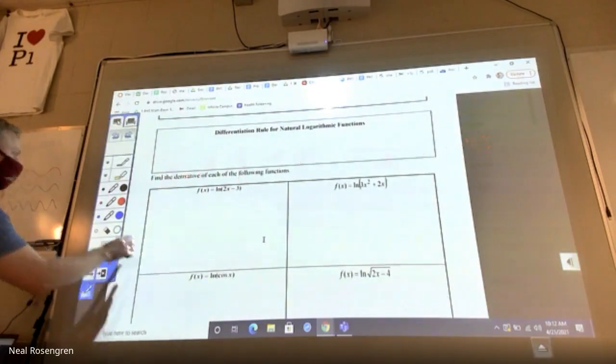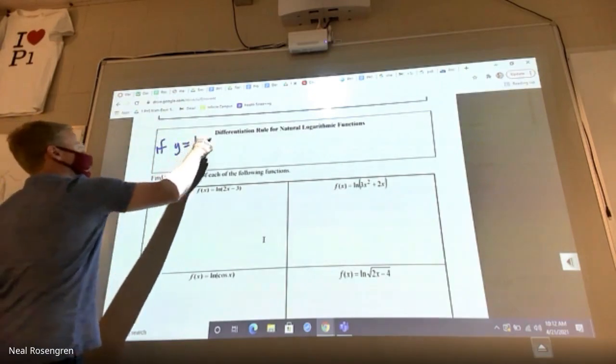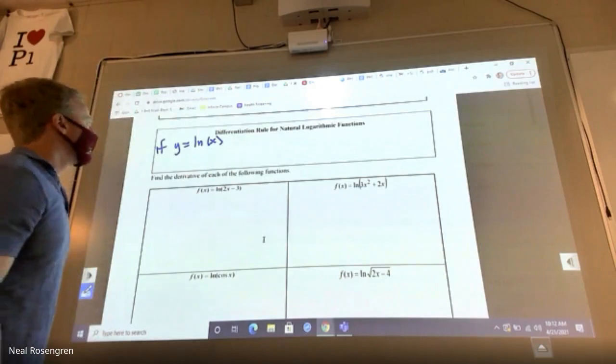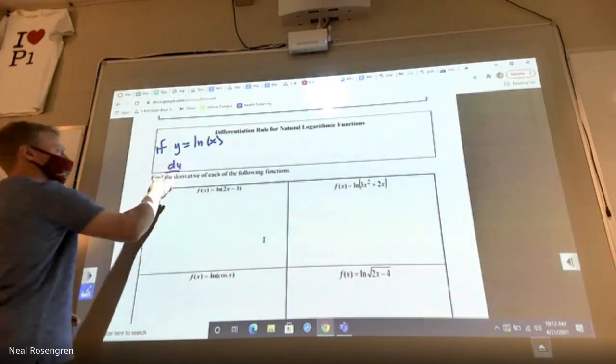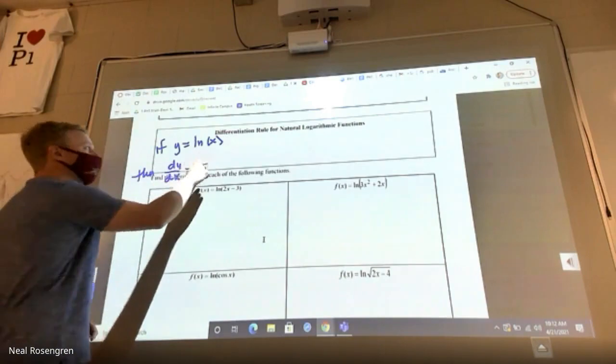But again, I just want to recap what we know for ln of x. The natural logarithm, if that's our function, ln of x, what's the derivative of that? 1 over x.